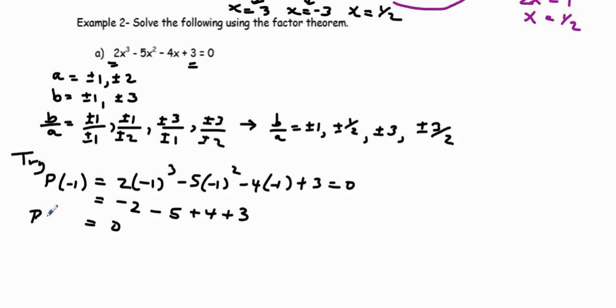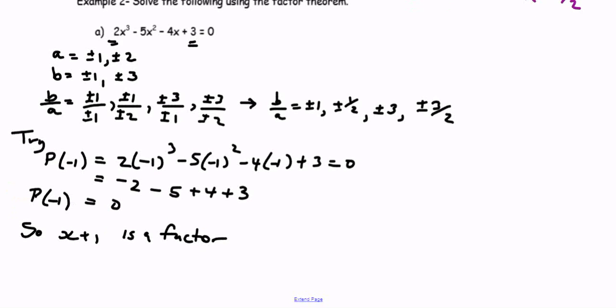So I know, because my remainder is 0, I have a factor in x plus 1. Remember, we take the opposite sign of this number for our factor. So x plus 1 is a factor. That's nice. So now I can go ahead and do either long division or synthetic division, whichever you prefer. And yesterday I did some synthetic division, so maybe today I'll do long division.